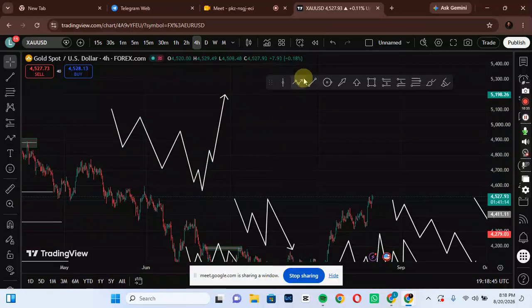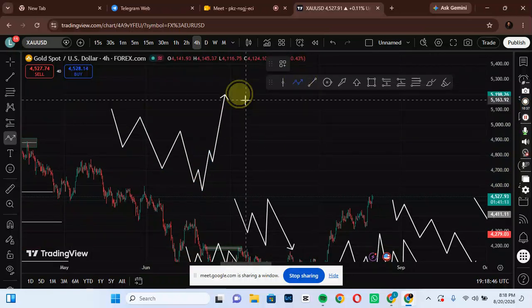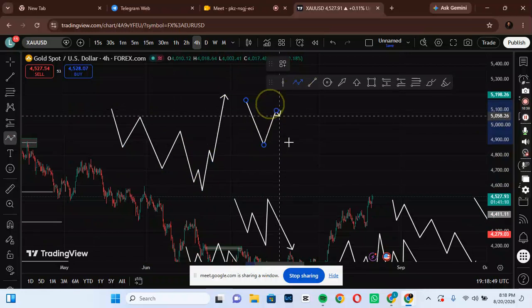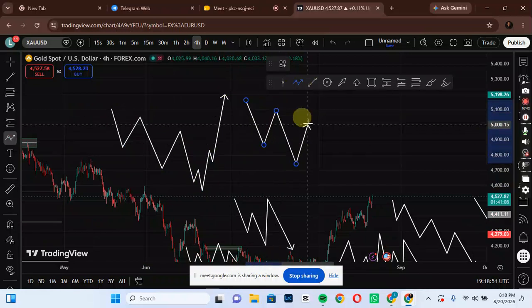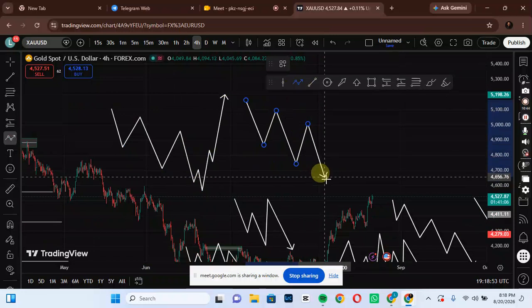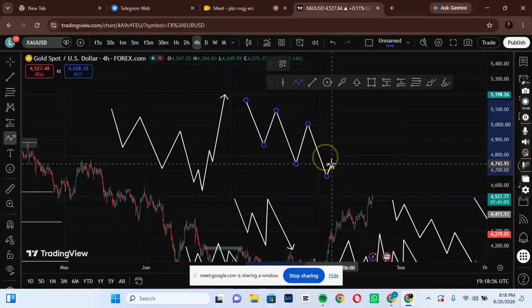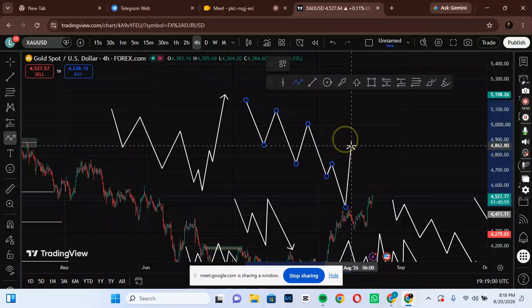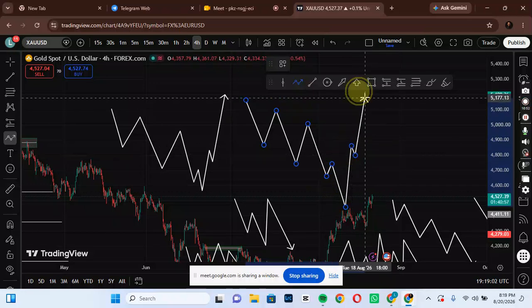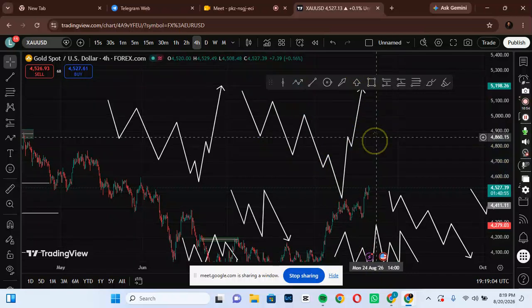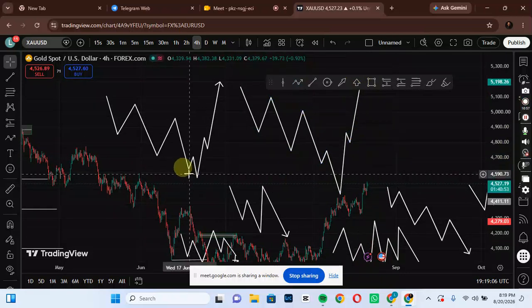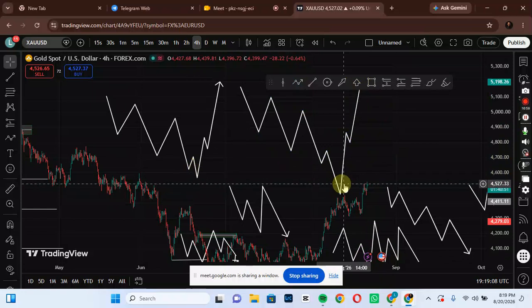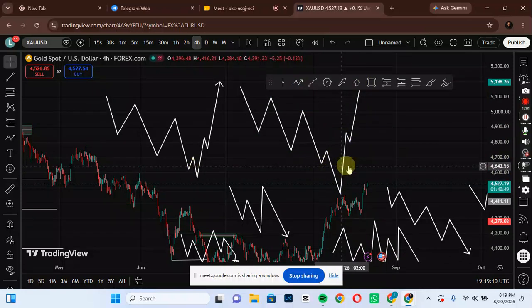Now this same structure on the B book broker is going to look like this. If you are trading this on the A book broker, the spike was quite little, but on the B book broker it might look like this.